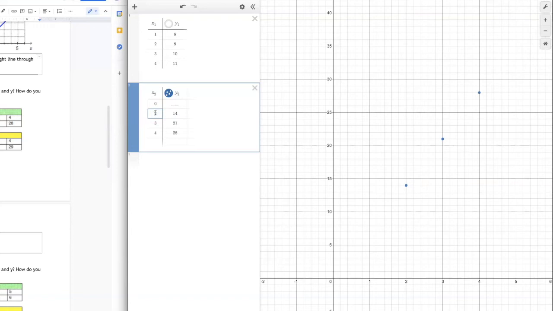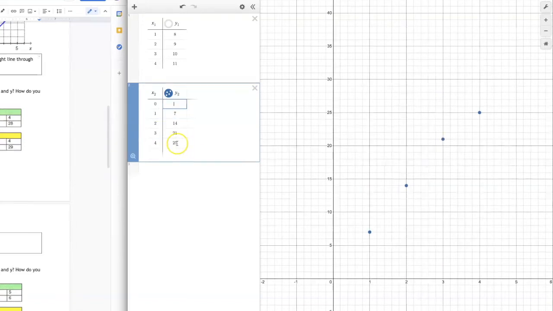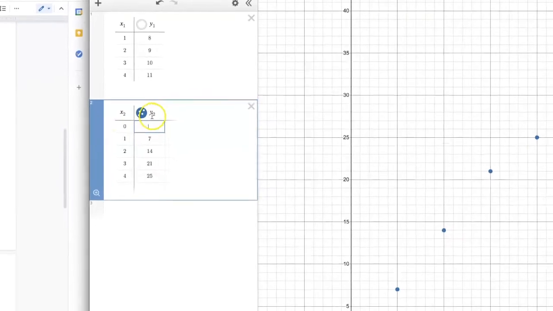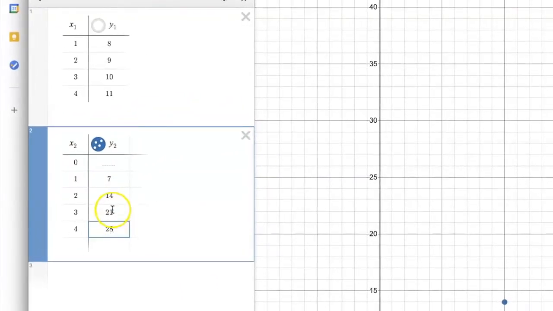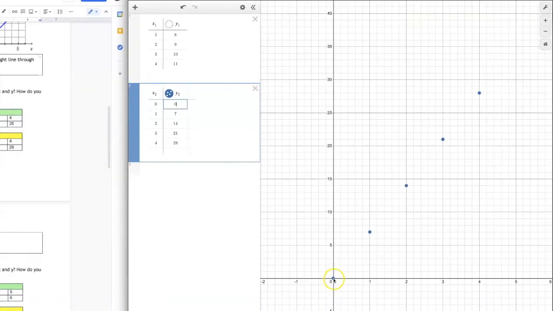This is 1, 2, 3, 4. 28, 21, 14, 7. So if we work backwards here to see, okay, what's y when x is 0? 28 minus 7 is 21, minus 7 is 14, minus 7 is 7, 7 minus 7 is 0. So this will actually go through 0, 0.